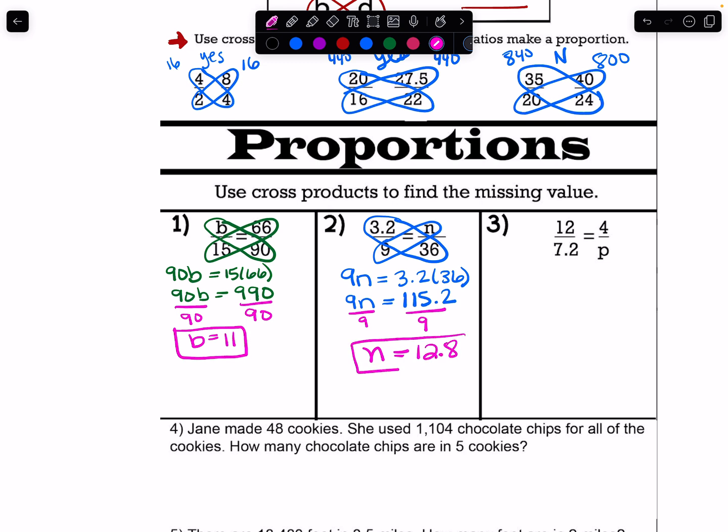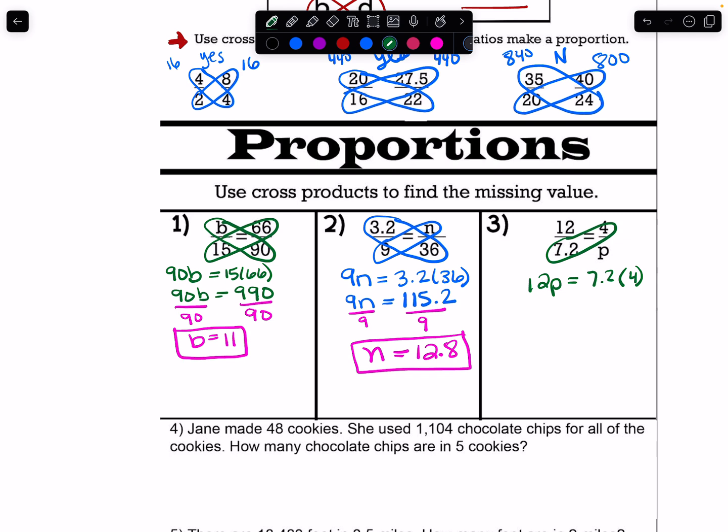And for our last example, same thing, we're doing cross products, and we have 12 times p equals 7.2, I think that said before I wrote over it, times 4. Let me just erase and make sure. Oh yeah, 7.2. Okay.